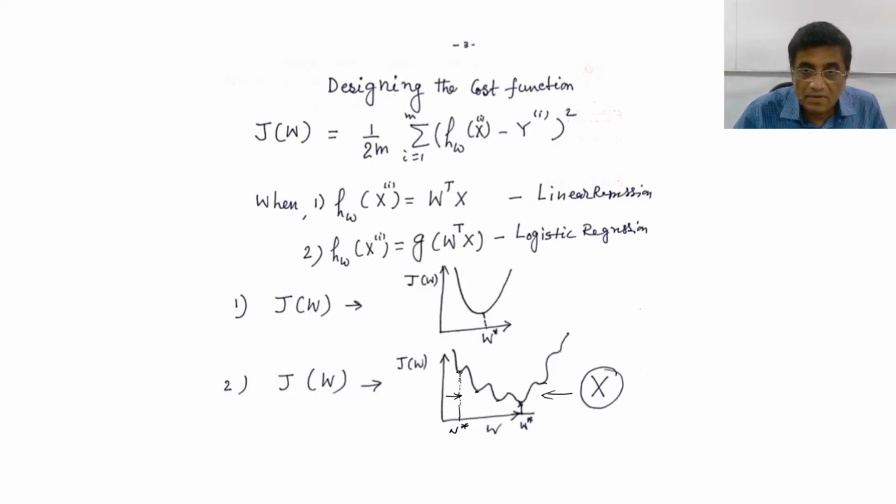Okay. So that is called the iteration being trapped in the local minima, and that's disastrous, because if you design your predictor with this W, then it will misclassify. So that is not acceptable.